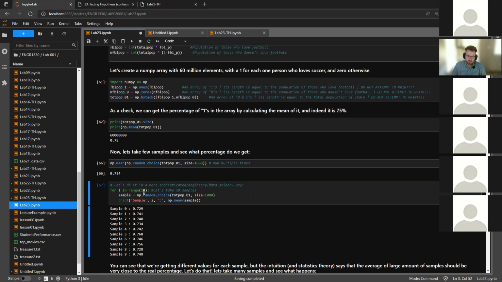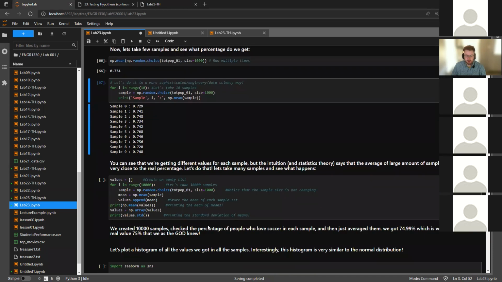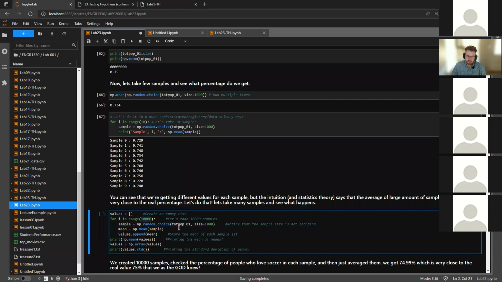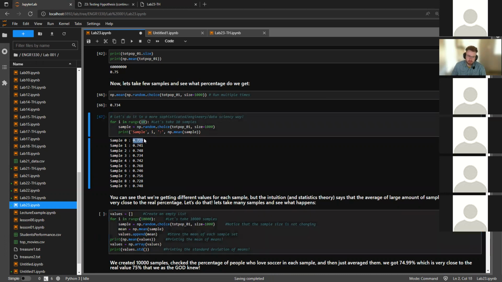Now, what would happen if I did more than 10? Or what if I were to average all these together? What's the result I get? Well, let's try that. Instead of 10, I'm going to take 10,000 samples. And then I'm going to take my 0.72 and my 0.74 and my 0.748, and add all these together, and then divide by how many times I did the loop.